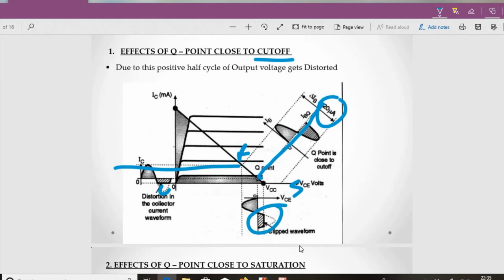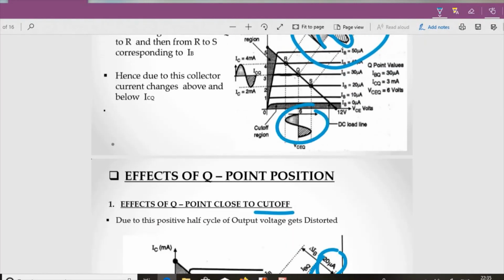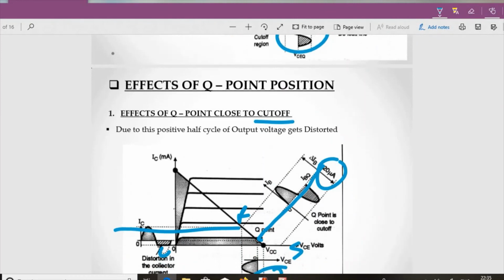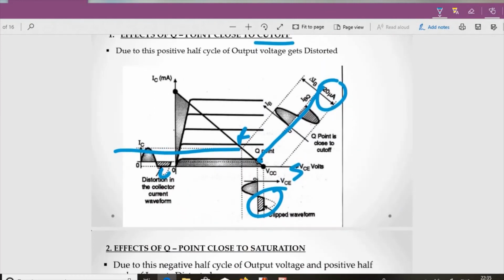It is shown out here, so you can compare that. Here you are getting both entire cycles, but here, because of selecting the Q point in the cutoff region, your voltage VCE positive half cycle is clipped, and IC negative half cycle is clipped. So actually these two are the outputs, and your output is distorted just by selecting the Q point near it.